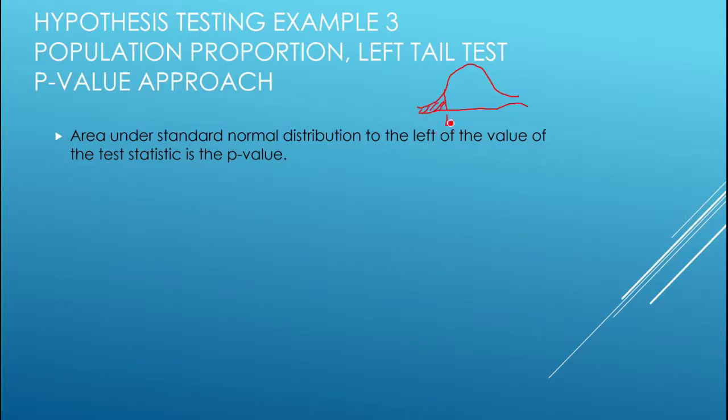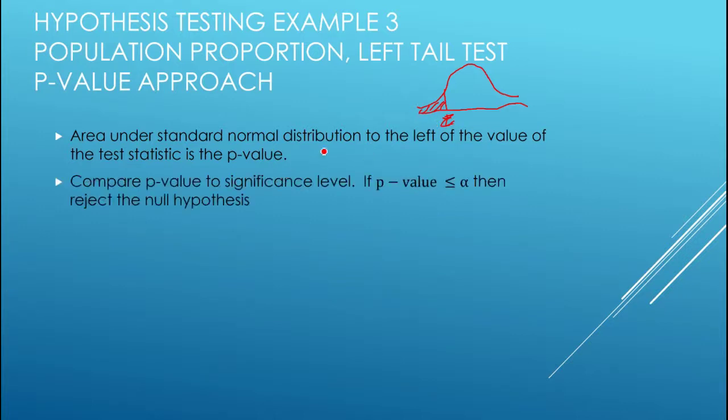So we have the value of our test statistic, t, or I guess in this case we're using z. So our test statistic is z, and we're going to look at the area that's to the left because it's a left-tailed test. So we compare the p-value, of course, to the level of significance, and if it's smaller than the level of significance, we'll reject the null hypothesis. It's the same rule that we've been using in the other two cases.